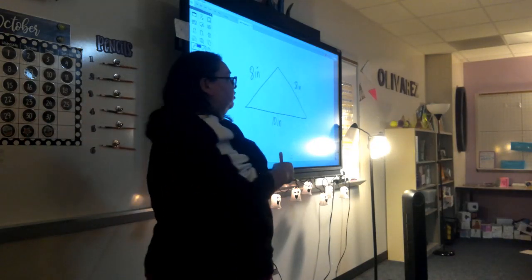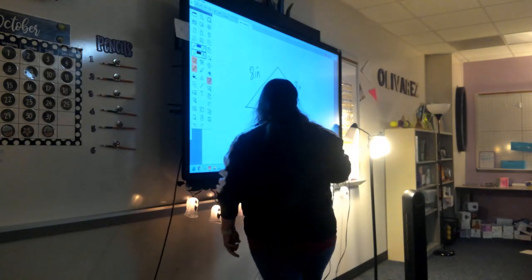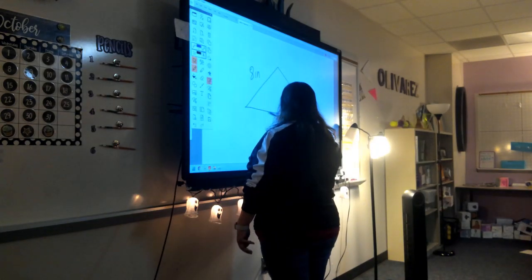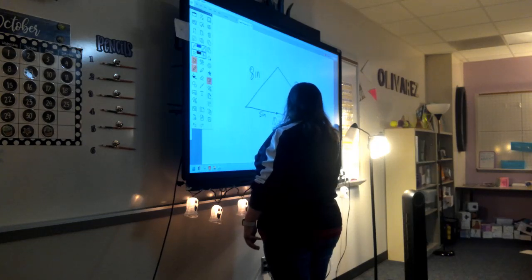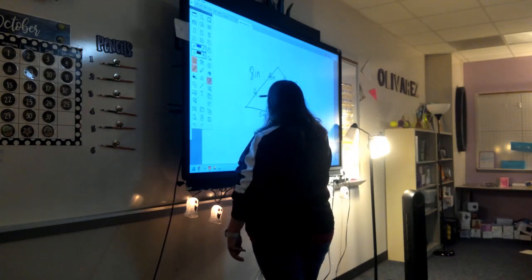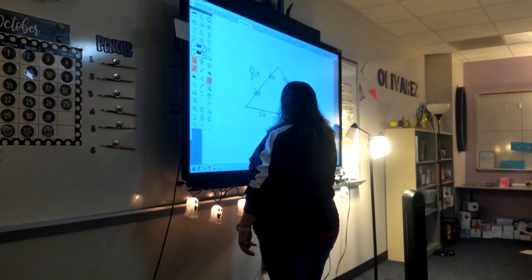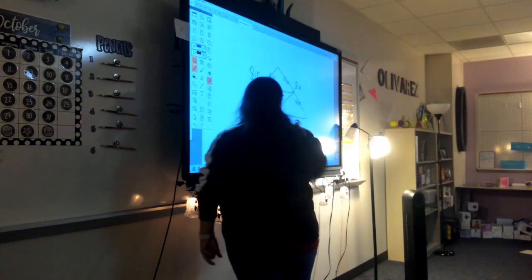What are you going to do after you make your triangle? Find the medians. Find the midpoints. All right. I'm going to measure, and I'm going to get however many inches on each side. And then what am I going to do? I found my midpoints. I'm going to connect them. Like that?